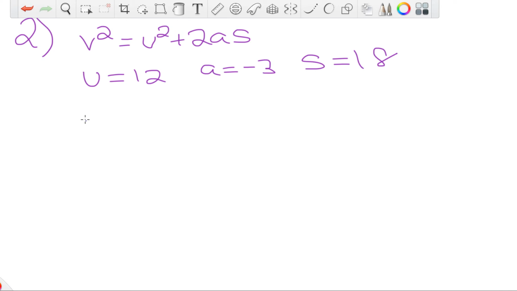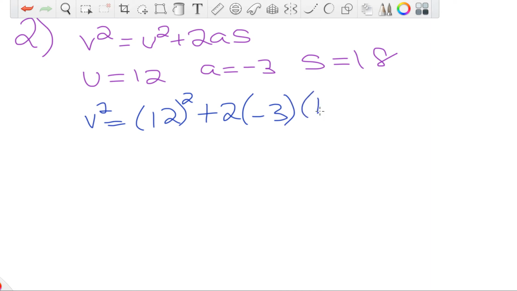Okay, so v squared equals, and then we have the u as value now, so we'll just pop the values in, 12 squared plus 2, and then we have -3 as a, and s is 18.